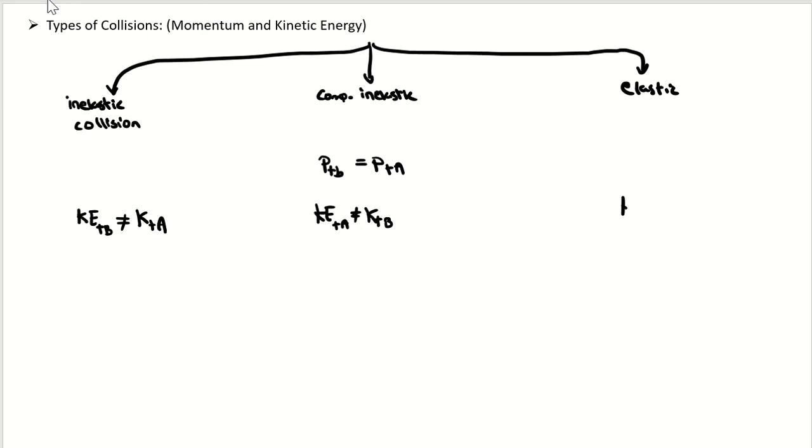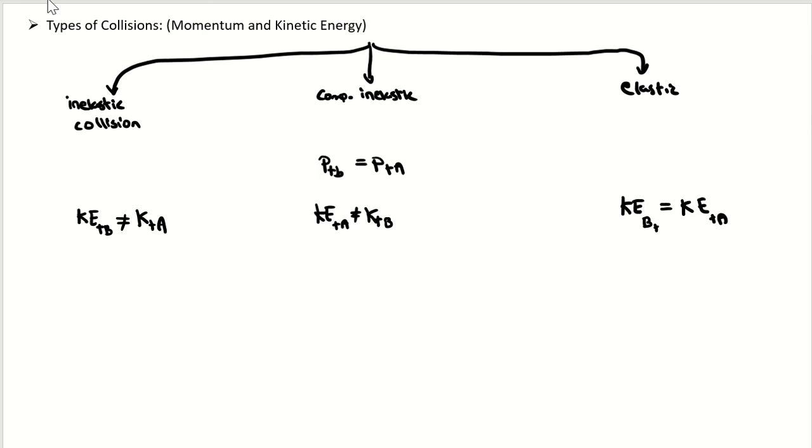But here, in the elastic collision, the total kinetic energy before is equal to the total kinetic energy after collision. Of course, the total energy is conserved in all cases. I'm not talking about the total energy, I'm talking about the kinetic energy.